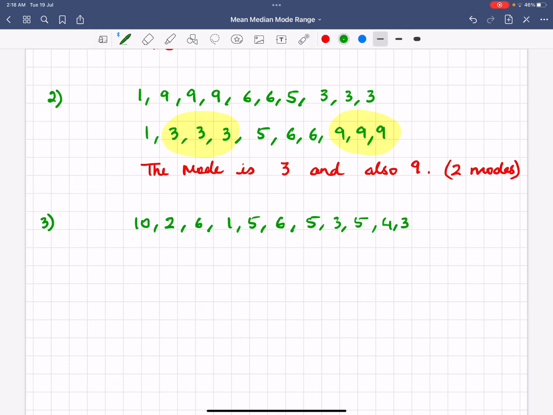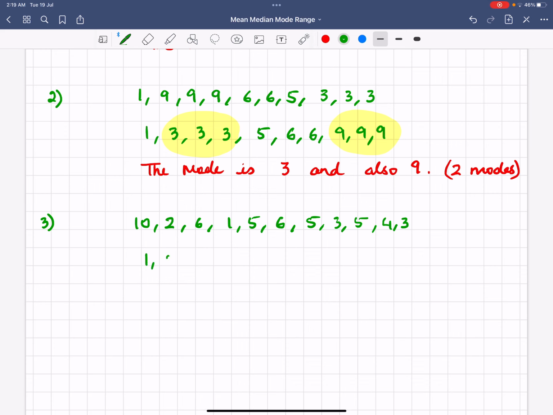So we have here 11 numbers. We need to write these first in ascending order.